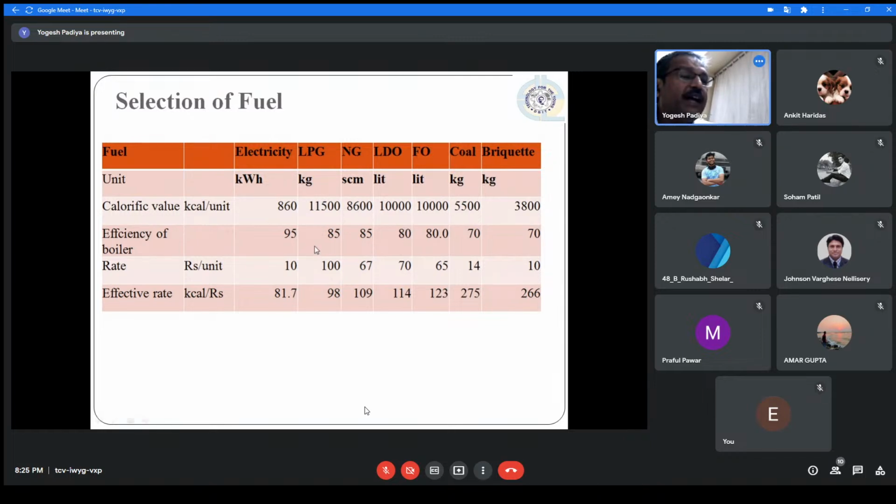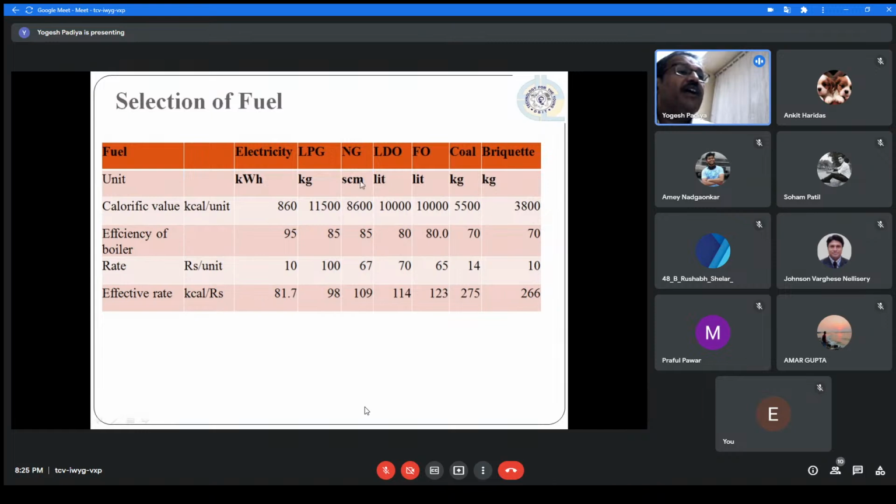It means 11,500 into 0.85 is the net amount of heat I got. And 1 kg of LPG costs me 100 rupees. It means by paying 100 rupees, I got this much, so in 1 rupee, dividing this by this, I got only 98 kilocalorie per rupee.